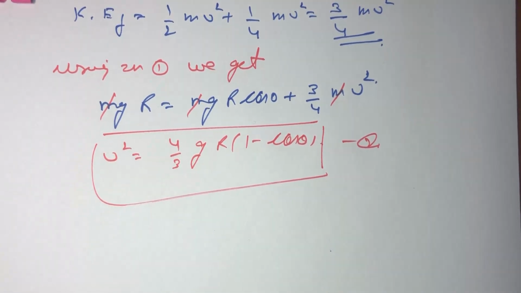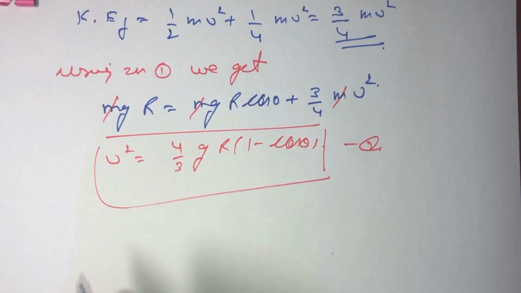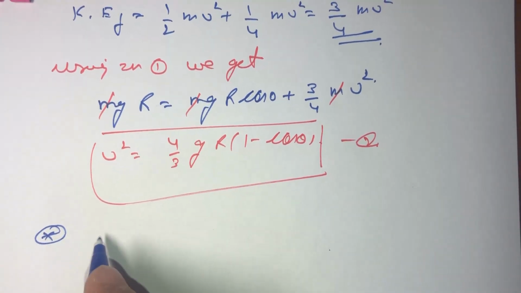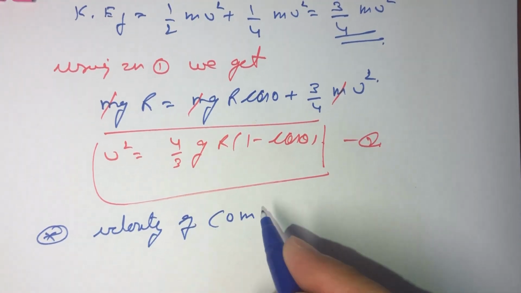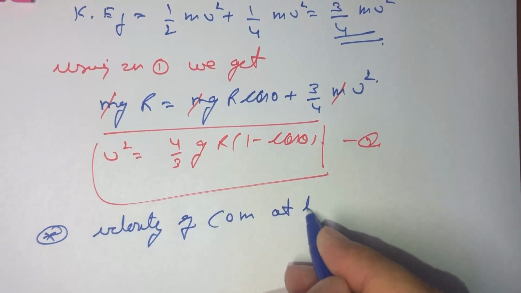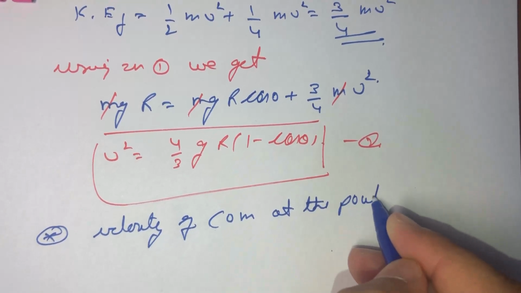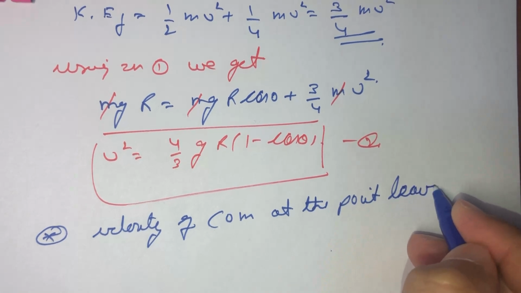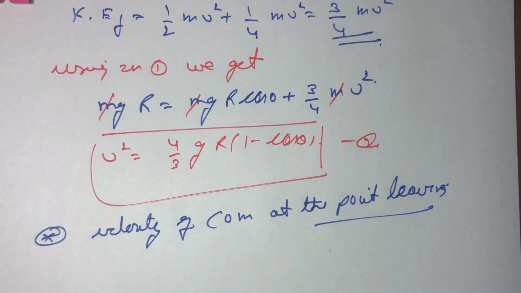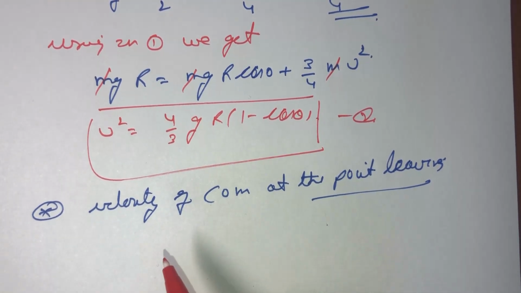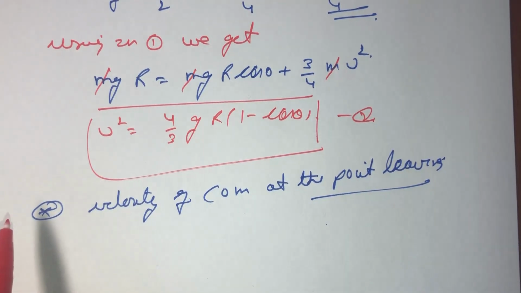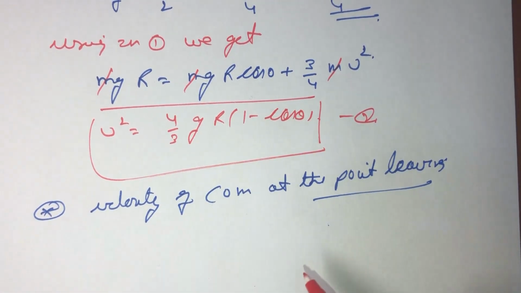Next is the velocity of center of mass when the cylinder is about to leave the contact with the edge. Velocity of center of mass at the point of leaving. At the point of leaving, when it's about to leave the edge, the contact force that will be acting will be equal to 0.